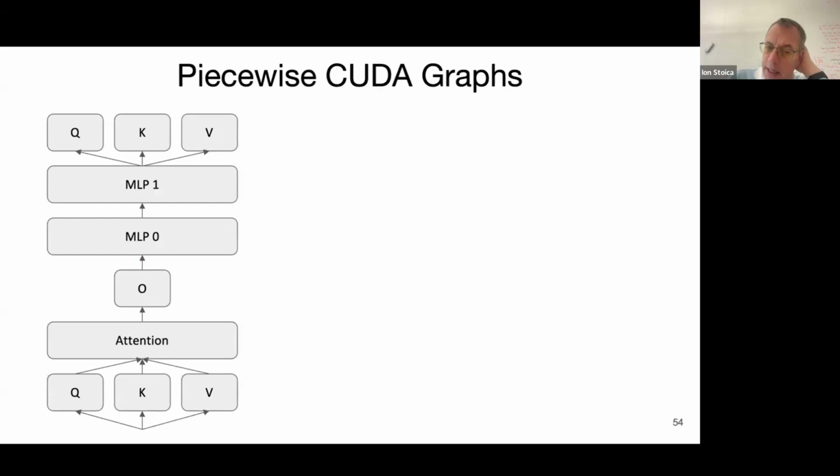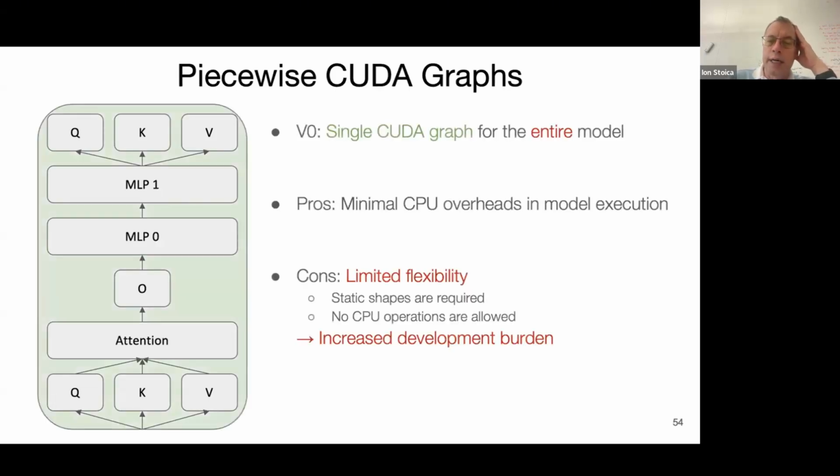And the final optimization, which is probably the most interesting one: today you have a CUDA graph for the entire model, right? So attention and everything in one CUDA graph. The pros are obviously minimal CPU overhead in model execution, but limited flexibility. The CPU cannot interfere here to do smarter things.